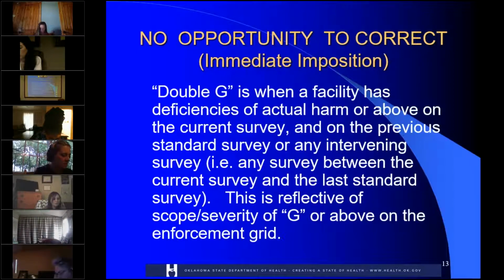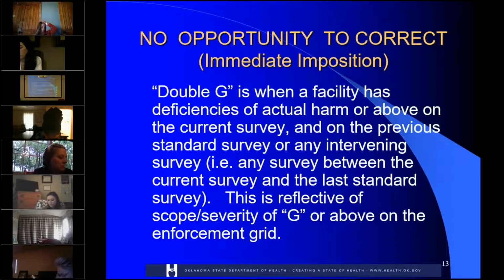So they're looking for, are these tags being repeated over and over? And are they at that harm and above? They're looking at G or higher, no matter what. But if it's in the same tag set, it can be a higher penalty problem. Okay.